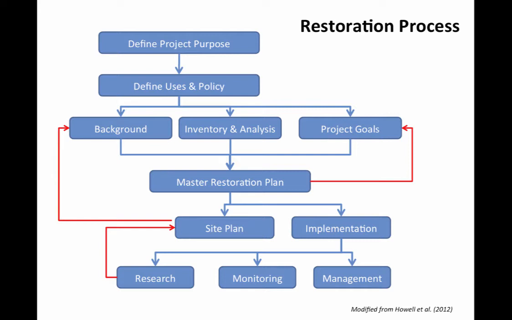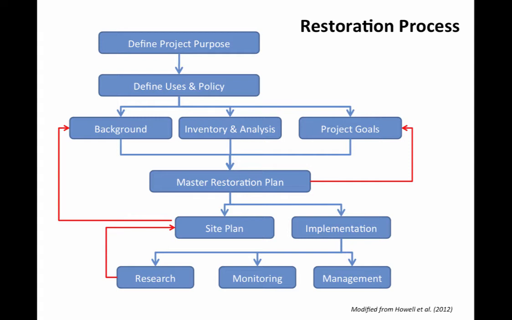And if it hasn't been successful, then we really need to find ways and maybe do some sort of experimentation to see what is successful or why it wasn't successful. And then we're going to turn that back and integrate that into the site plan, which then will feed back into this implementation plan, which then will continue to monitor. And now we're back into that adaptive management loop that we talked about last week.